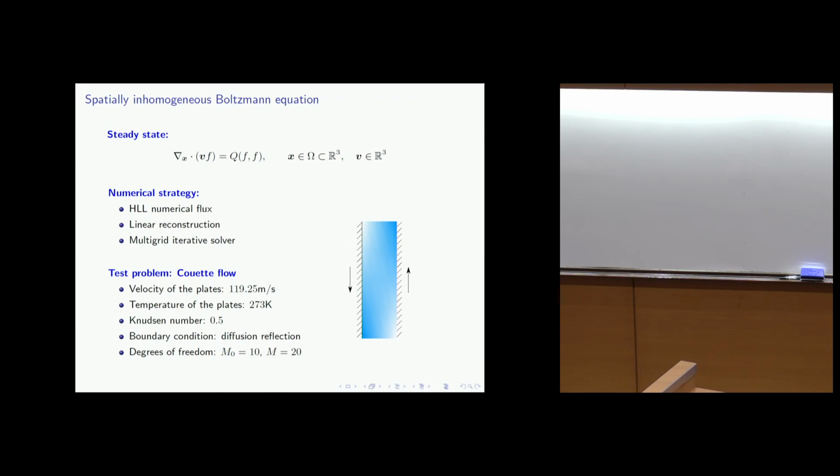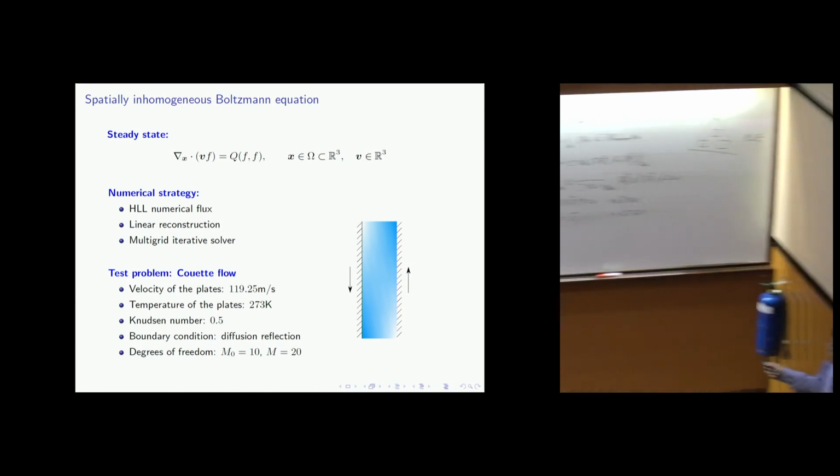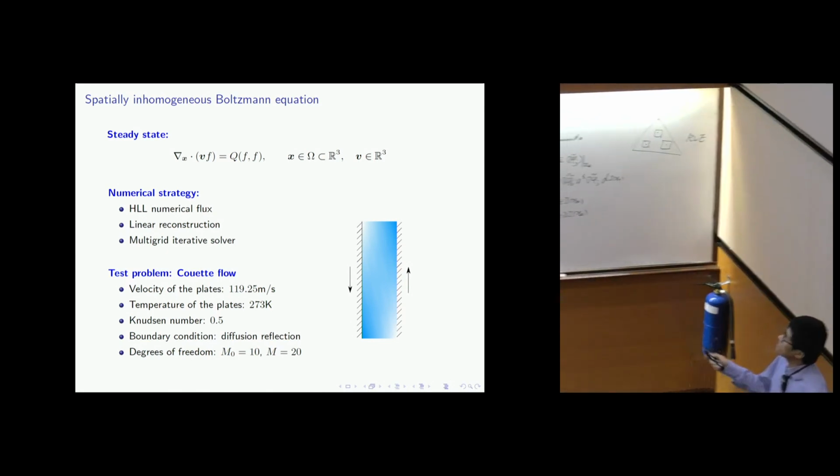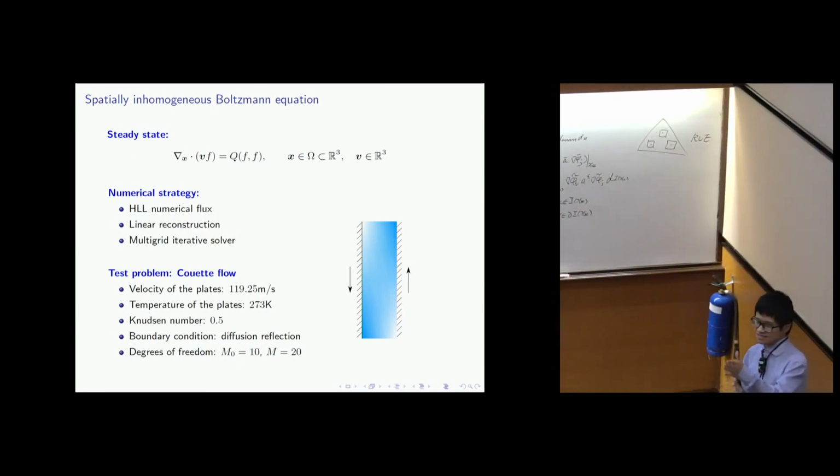This is also a very simple one. You assume that the gas is between 2 parallel plates, and you drag this plate downward, you drag this plate upward, and then because of friction, the gas between these 2 plates will move and eventually form some steady state structure.